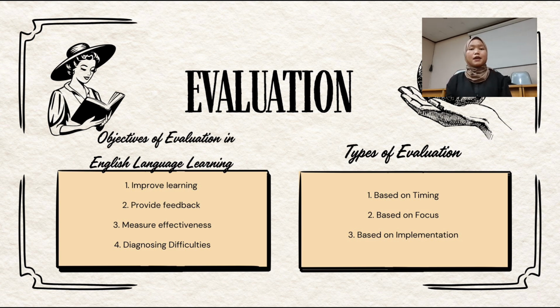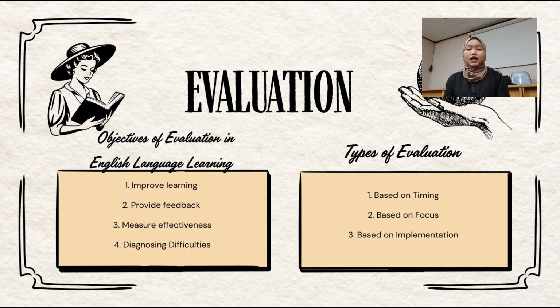And the second, based on focus. It is diagnostic evaluation, identifying student strengths and weaknesses before starting learning, for example, placement tests. And the third is based on implementation. There are two.